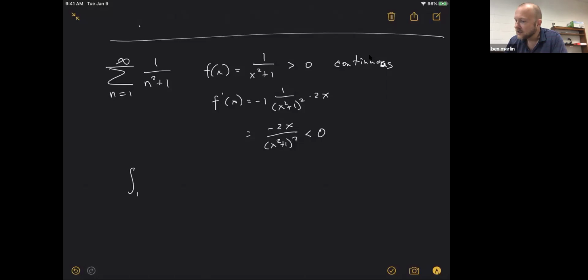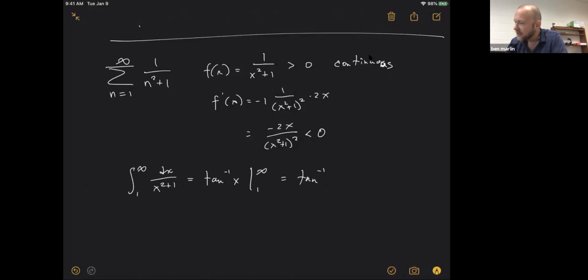So we can check to see the integral from 1 to infinity of dx over x squared plus 1. And I knew to do this as an integral test because that is one of my formulas that I've memorized. This is going to be the arctangent of x going from 1 to infinity.